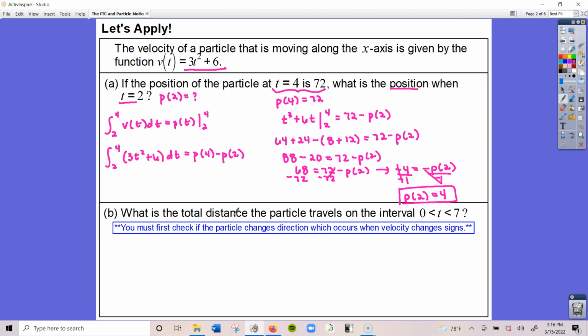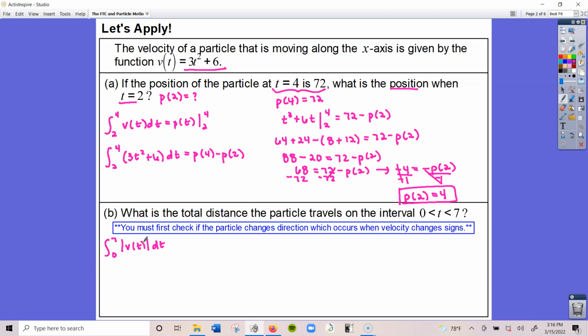What is the total distance the particle travels on the interval 0 to 7? Now, to get total distance, keep in mind notation. Total distance is the integral from 0 to 7 of the absolute value of v of t dt. Now, we don't know how to integrate absolute value, and that's okay. There's a way of working around that.